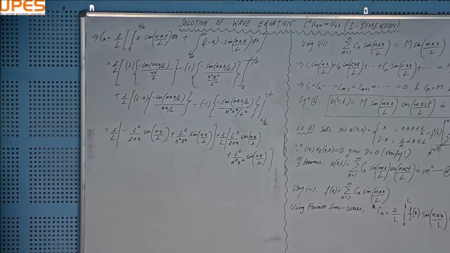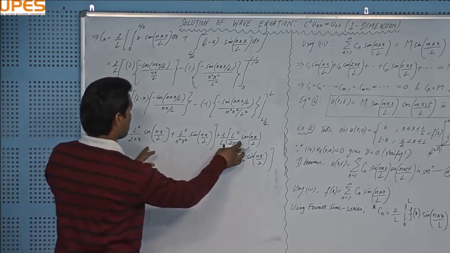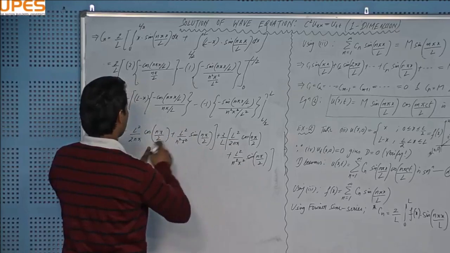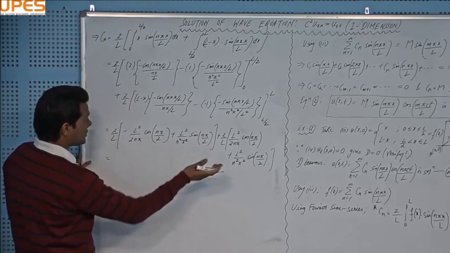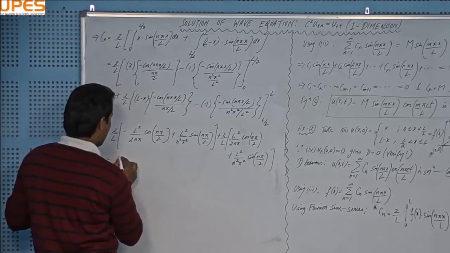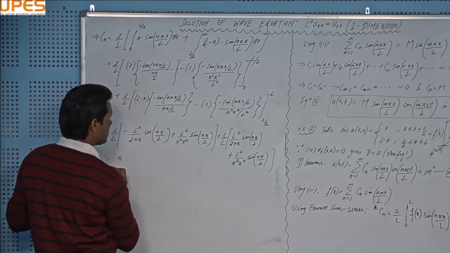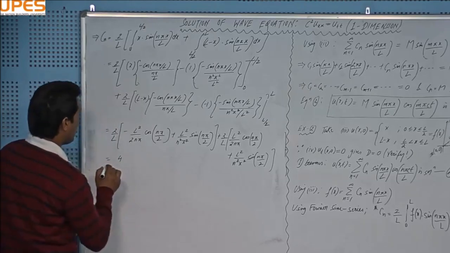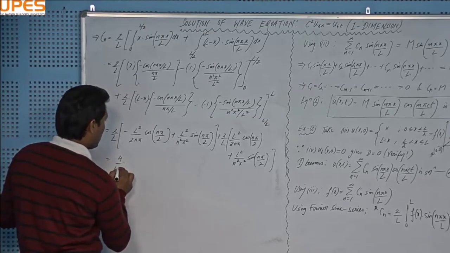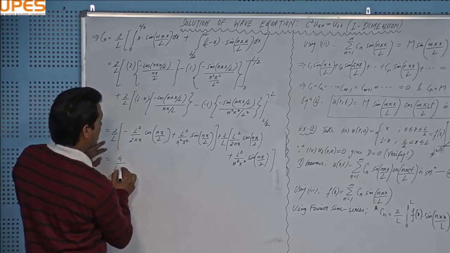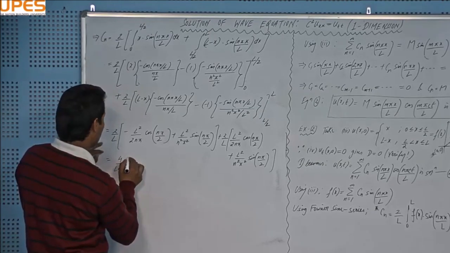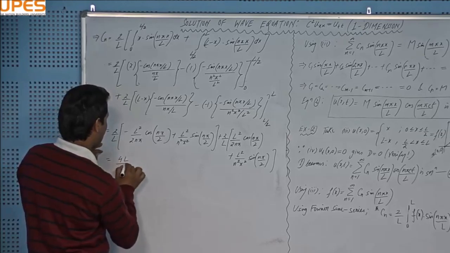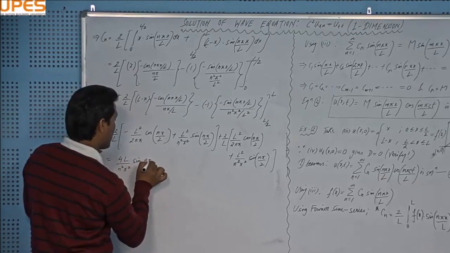Now I should simplify them. I think these two terms should be cancelled, right, fine, this will be cancelled and this will be added up to give twice of this and twice of this, that will become 4 times, and over L, I think n square pi square, and I have L square in the numerator also, then it will produce L, and that will give me sin n pi by 2.